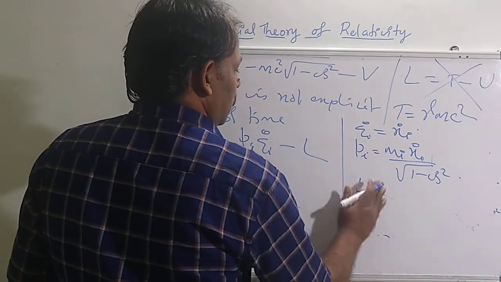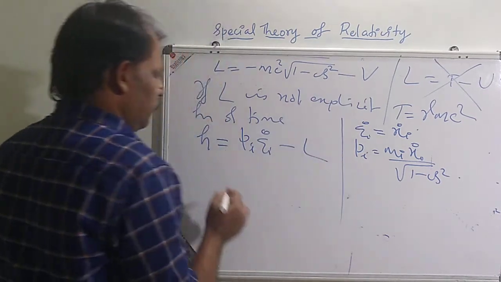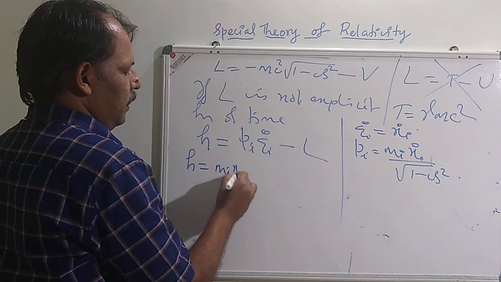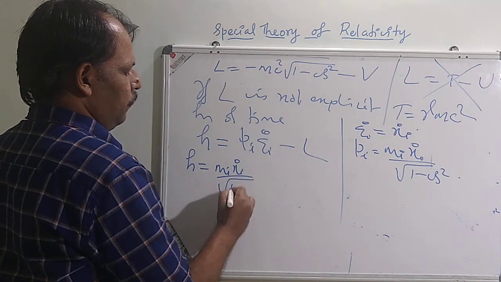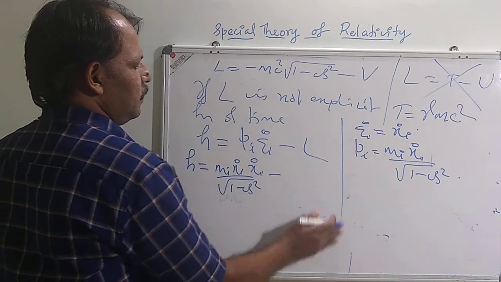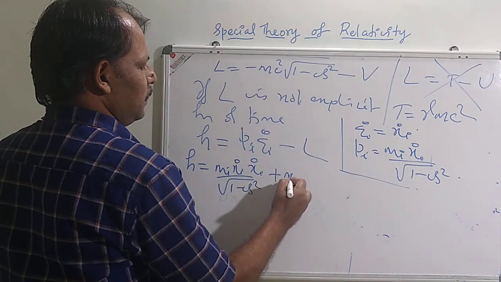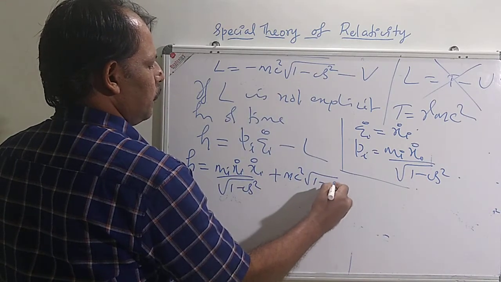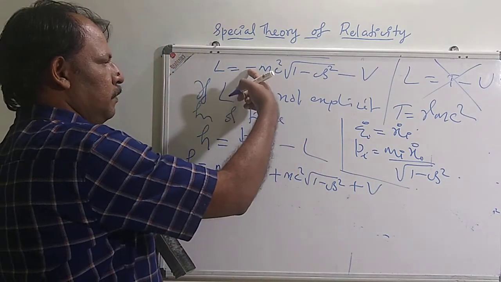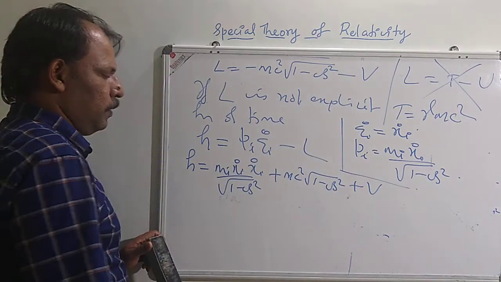The Lagrangian is written here, minus mc square root of 1 minus beta square minus V. So H equals p_i, which is m_i xi dot by root of 1 minus beta square, into xi dot, minus L. L is minus mc square root of 1 minus beta square minus V, so minus of L gives plus mc square root of 1 minus beta square plus V.